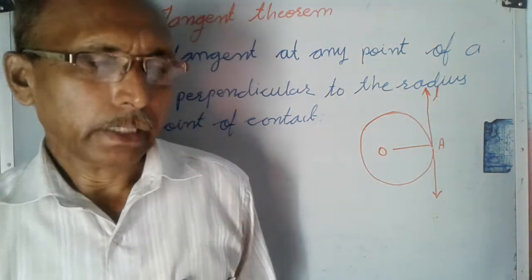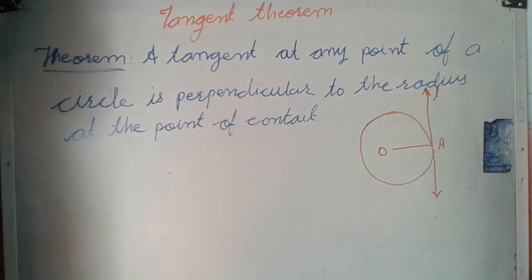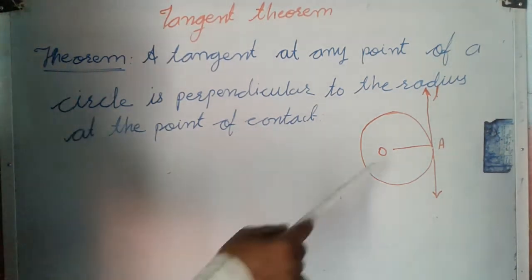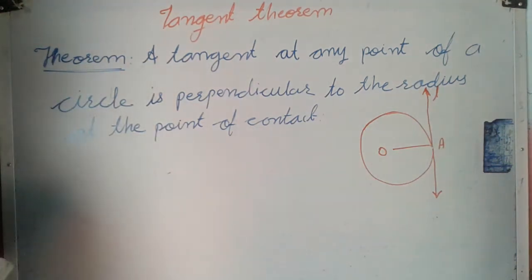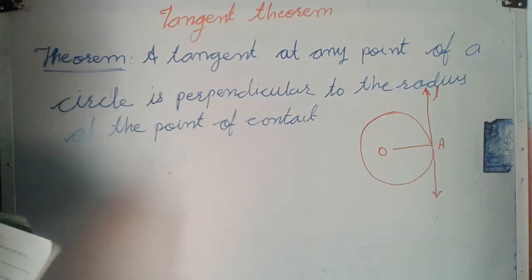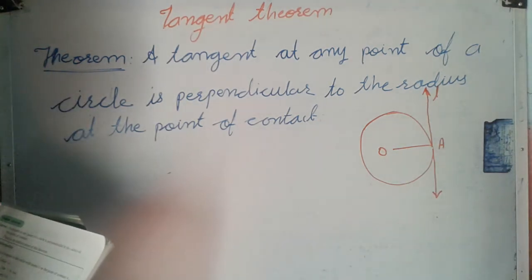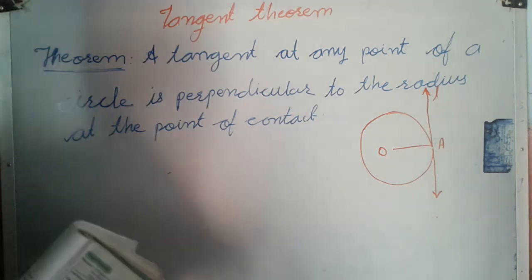For that, the given things are: line L is a tangent to the circle at point A, and OA is the radius of the circle.